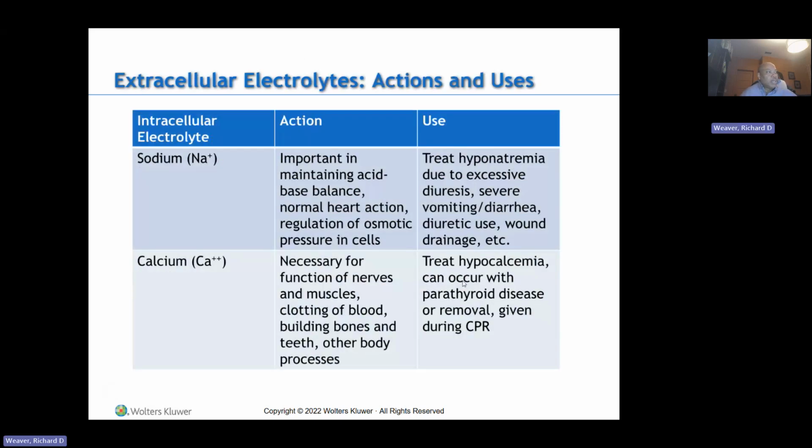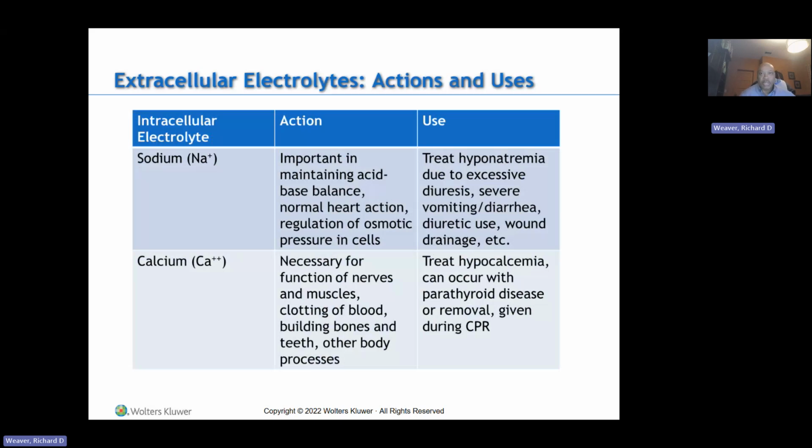All right, sodium. Sodium is important in maintaining acid-base balance. There's several things. Normal heart action. So again, place them on a monitor. Also regulation of osmotic pressure in the cells. And so we use it to treat those patients with low sodium levels like hyponatremia due to excessive diuresis.